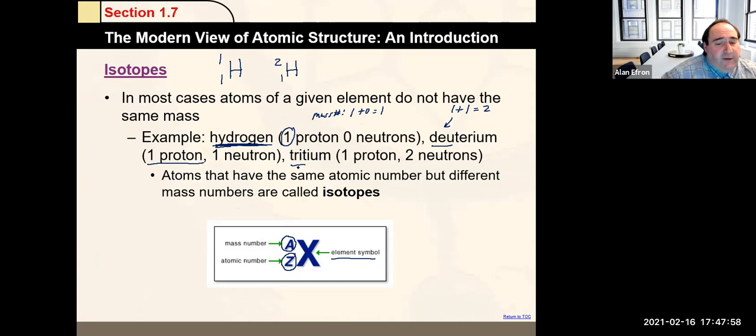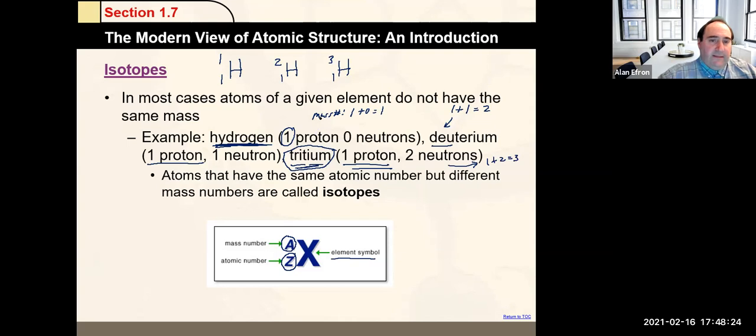Lastly, here we have tritium. Even though it doesn't specifically say this is hydrogen, we know it really is hydrogen because when we look at it, we see 1 proton. Going to the periodic table, 1 proton gives us hydrogen with an atomic number of 1. The mass number here is going to be 1 plus 2, which gives us 3.